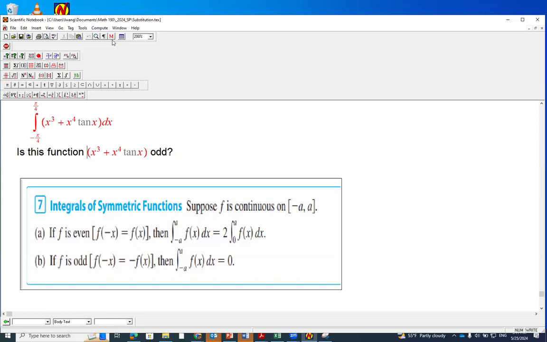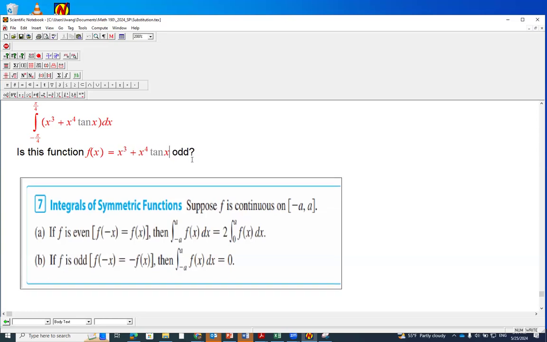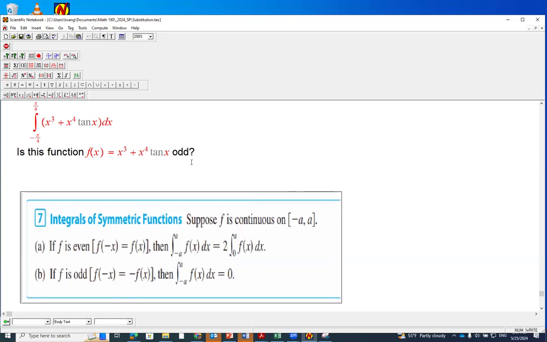So we're going to assume that this function is f of x. It could be integrated on that interval with some interesting features, from negative pi over 4 to pi over 4. But we need to show the function is odd. So to demonstrate the function is odd, we're going to use the definition. We're going to plug in f of negative x.